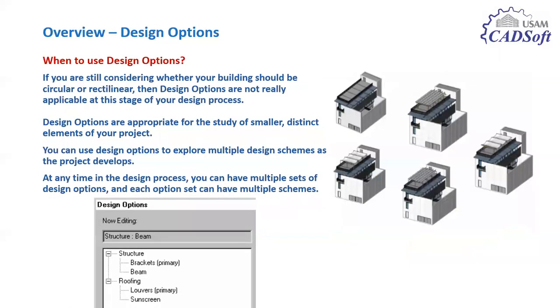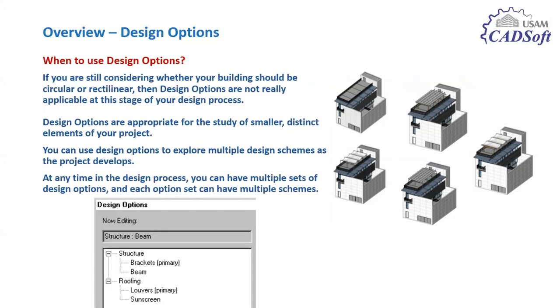So when to use a design option? This is a very important thing you need to understand: where and when to use design options. If you're trying to understand whether you want the building to be circular or rectangular, then design option is not applicable at that stage.